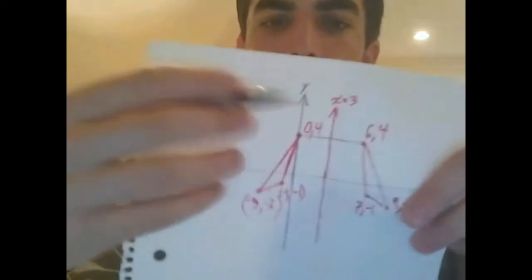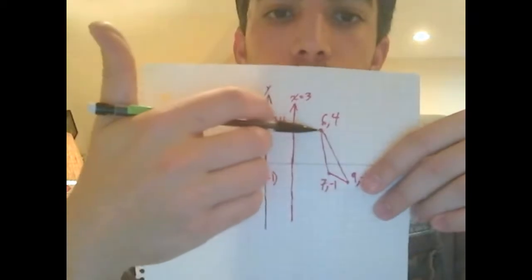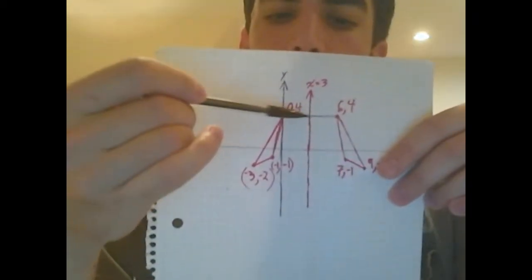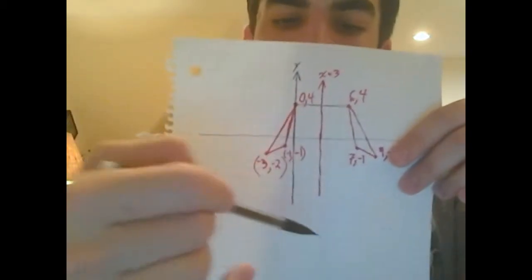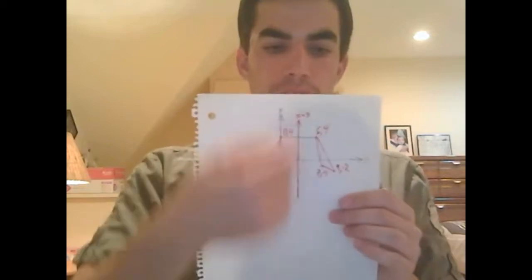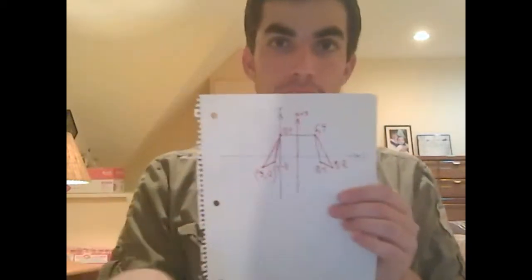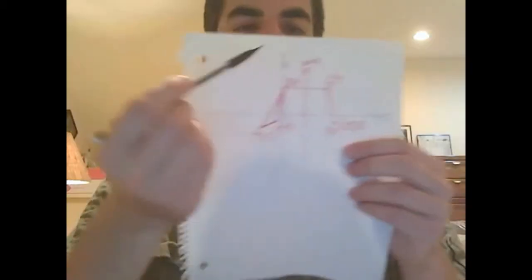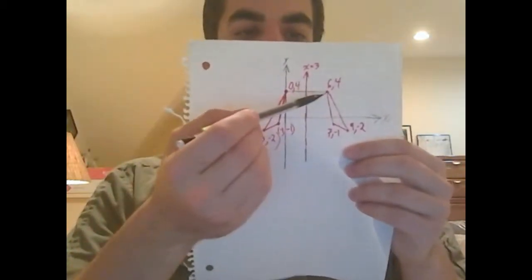So this point on this triangle corresponds to this point on that triangle, and they are each 1, 2, 3 away from our mirror. Since we're reflecting across a vertical line, our y values will not change at all, but our x values must be equidistant to this line. Let's find this new point based on this initial point.